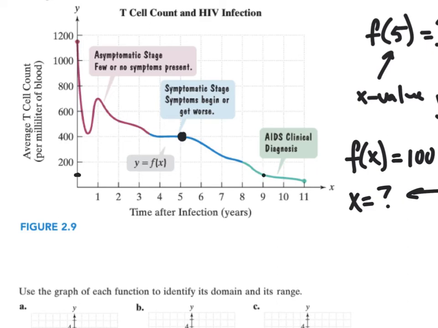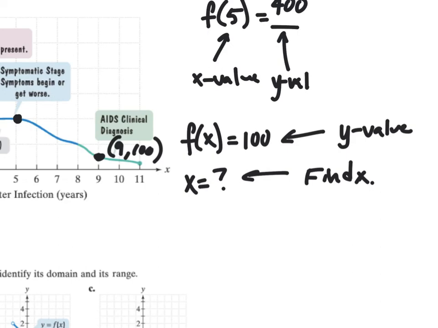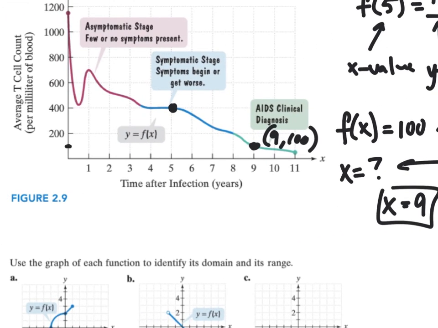All right, and so here, I have this value of 9, 100. So my x value is 9 when my y value is 100. And so I have that value here. The other thing, I'm only writing here that this is the point (5, 400).